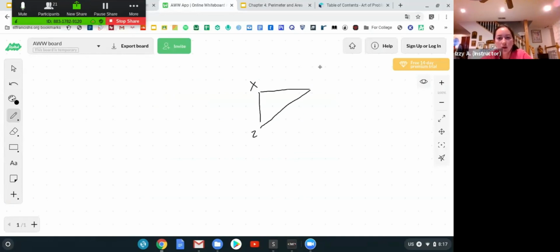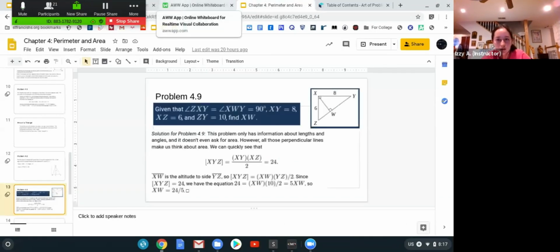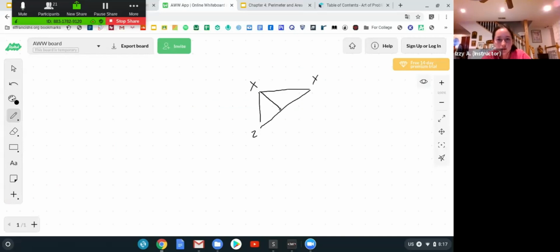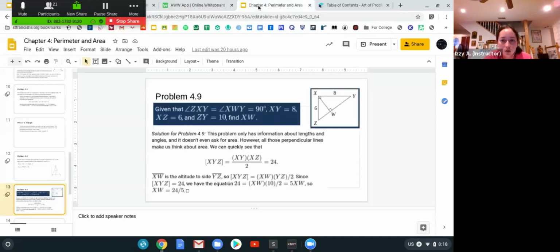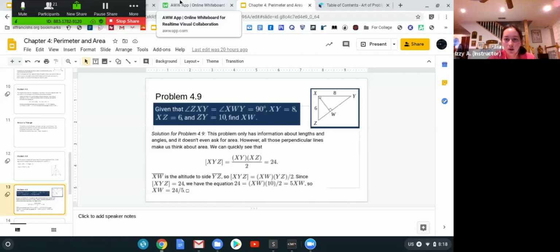We have X, Y, and Z here, with the right angle. That looks like an X, I apologize, that's supposed to be Y here. The right angles are on the wrong side, and then we have 6 and 8. I believe that's okay: X, Y, Z, W, 6, 8.